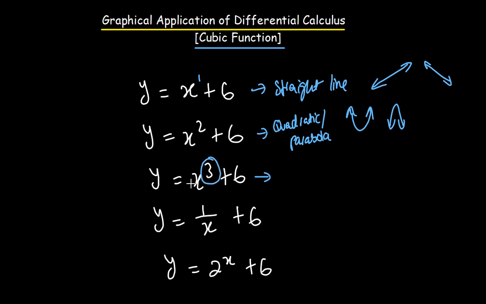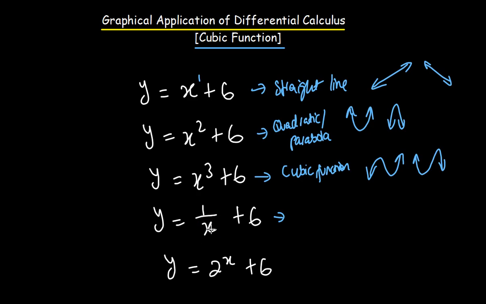What is the highest exponent? Is 3, right? So if the highest exponent is 3, that is your cubic function. Okay, that is a cubic function, and then it looks like this or like this.